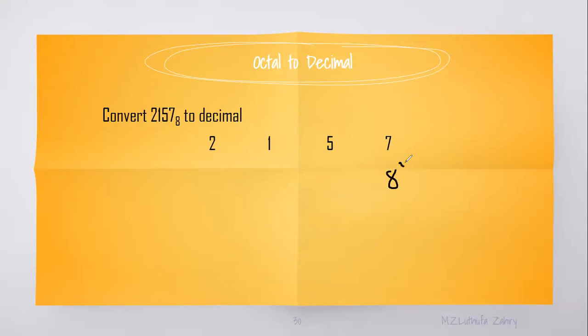8 to the power 0, 8 to the power 1, 8 to the power 2, and 8 to the power 3. So it's going to be 1, 8, 64, and 512.